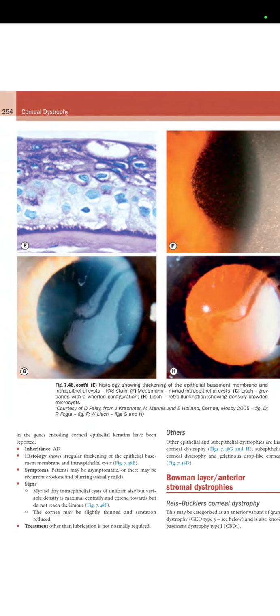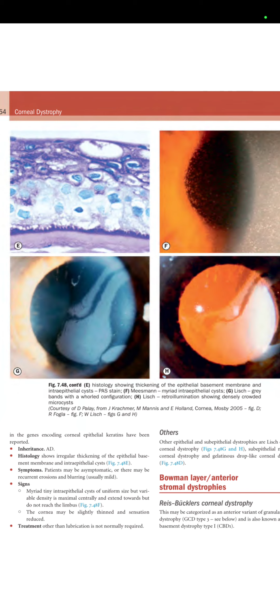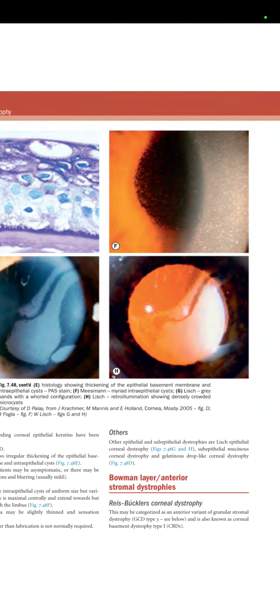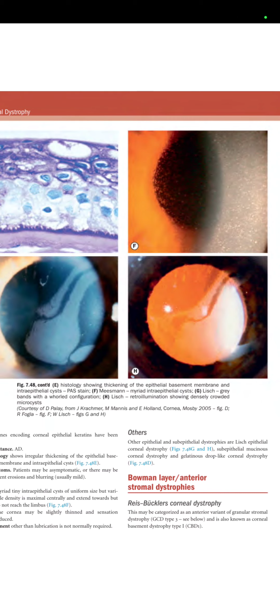7.48E is showing a histology with thickening of the epithelial basement membrane and intraepithelial cysts. So there is a thickening of the basement membrane and you can see the intraepithelial cystic spaces. F is showing the Meesmann myriad intraepithelial cysts. So you can see that there are small cyst-like things present in the cornea.